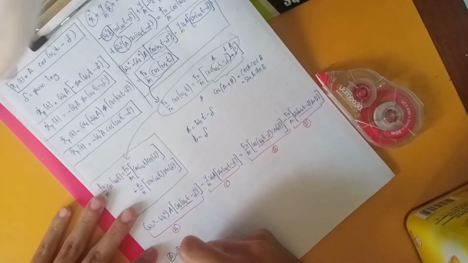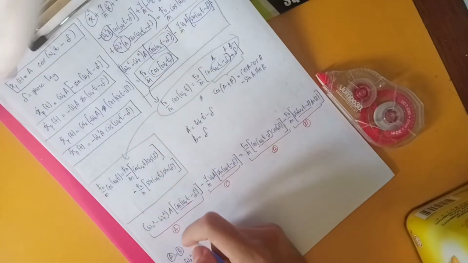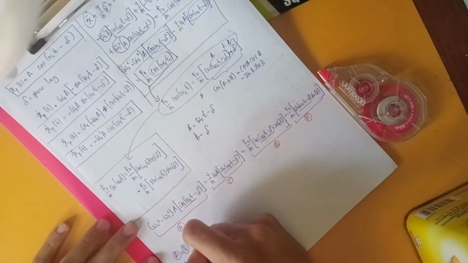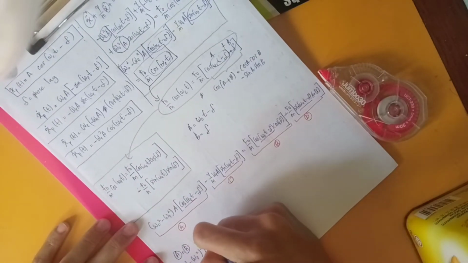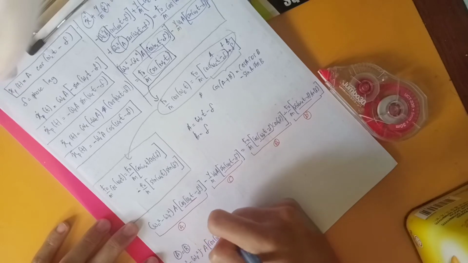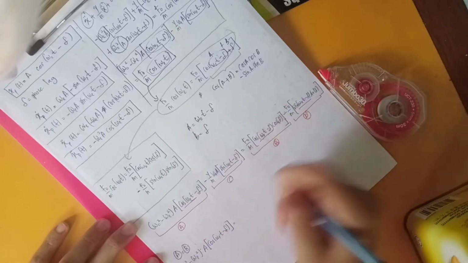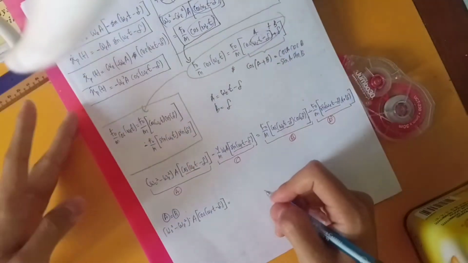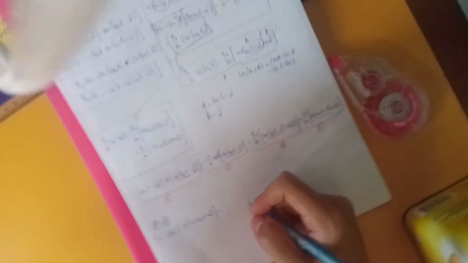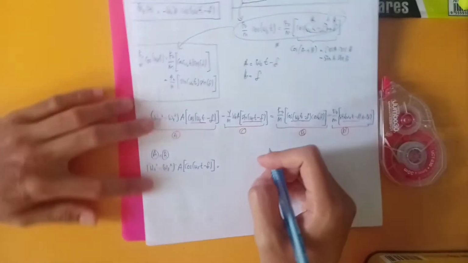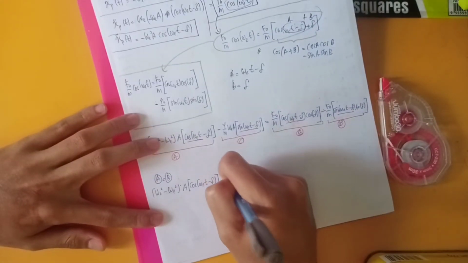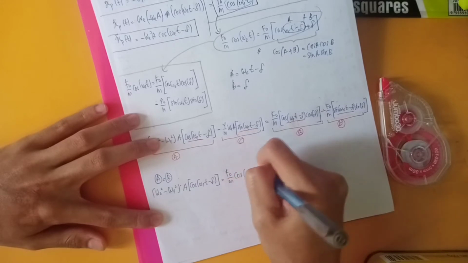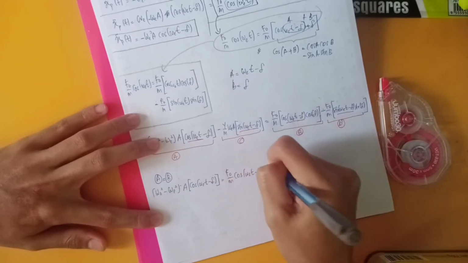So omega naught square minus omega e square times the A, the amplitude, and then we open up cos omega e t minus delta, this will equal to B, which is f naught over m here. Hold on, what did we get? Okay, f naught over m, and then cos omega e t minus delta cos delta.